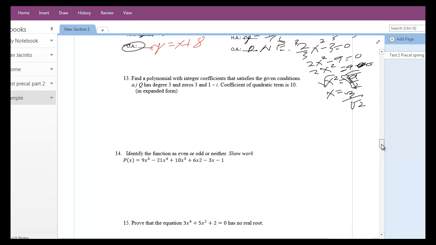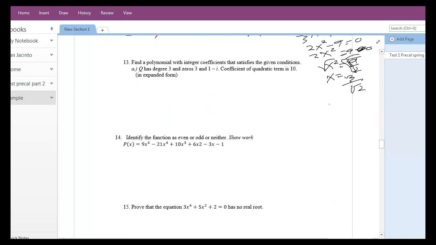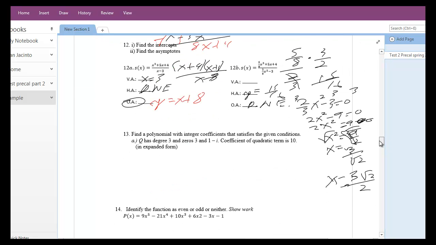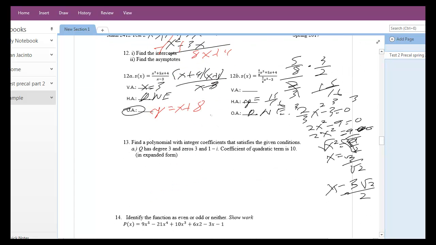You know we like to do what? Take out, bring up. That's how you rationalize the denominator. Right? Cool. So that should be your vertical asymptotes. How many of them do you have? 2, because you took a square root. So my vertical asymptotes should be x equals 3 square root of 2 over 2, or x equals minus 3 square root of 2 over 2.